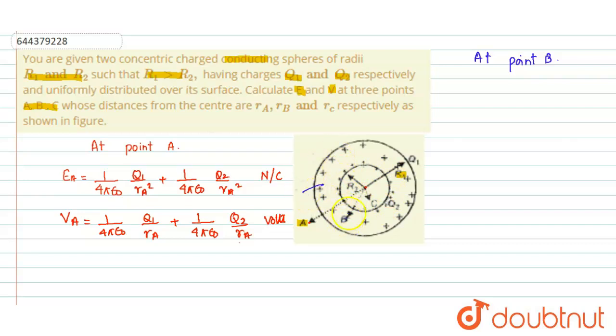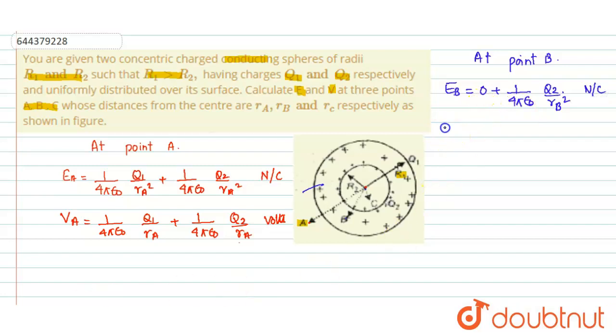So the electric field at point B will be 0 due to this sphere, plus, applying the similar concept, we treat the entire charge as placed at the center and this distance is RB. So this is 1 upon 4 pi epsilon naught. Now the total charge is Q2 and it is placed at a distance of RB. So that will be RB square. So this Newton per Coulomb is the electric field.